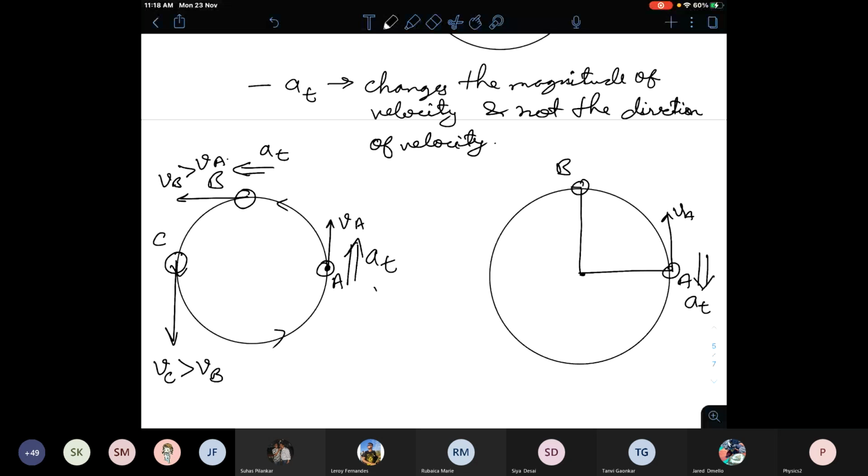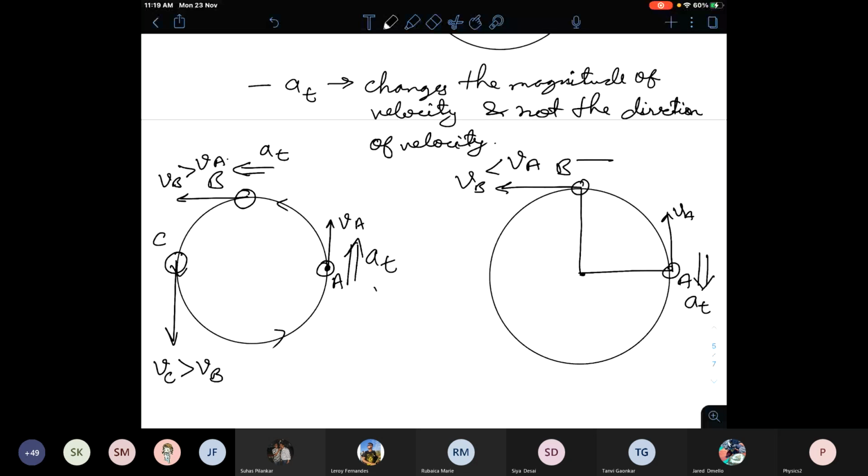We are not worrying about that, but the magnitude would have decreased in this case. So the speed at B, the magnitude of velocity at B, will be less than the magnitude of velocity at A. Why? Because the tangential acceleration was in the opposite direction.